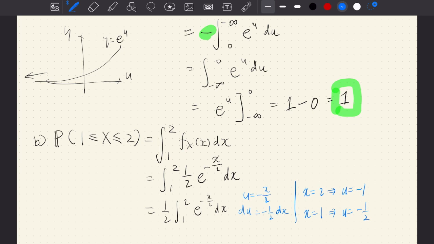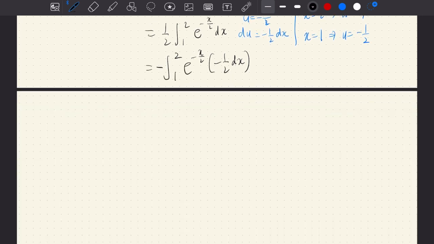So we can write this is equal to the integration from 1 to 2 of e to the negative x over 2. And for dx, we have to engineer it so that we have negative 1/2 dx for the u substitution, right? So you have a negative sign here. Okay.